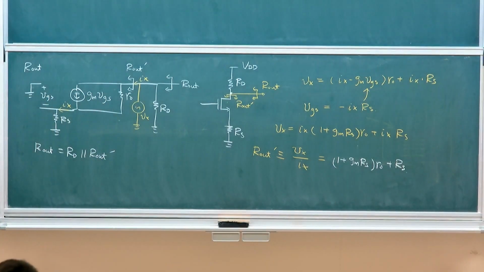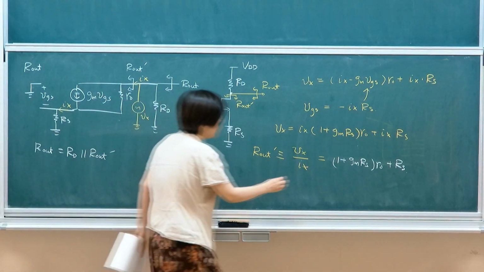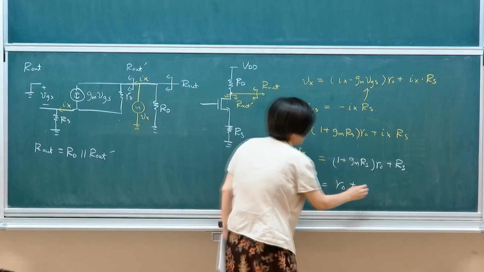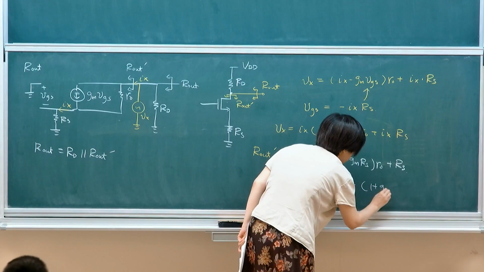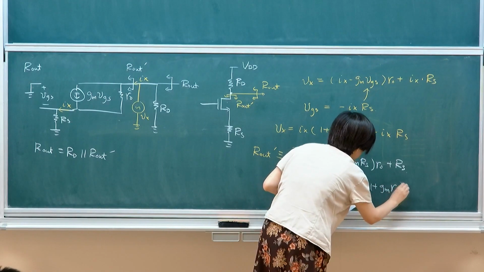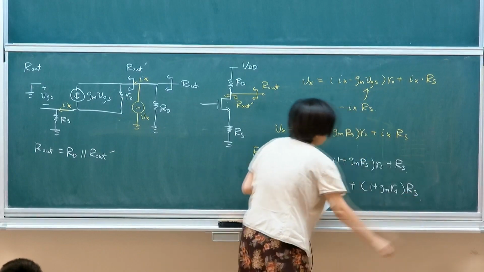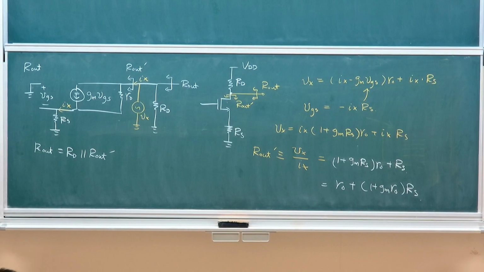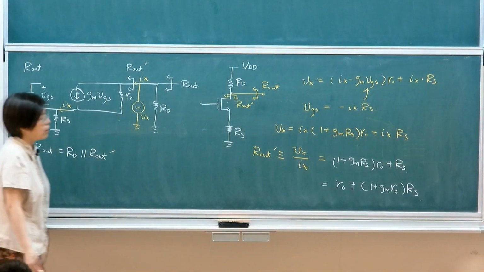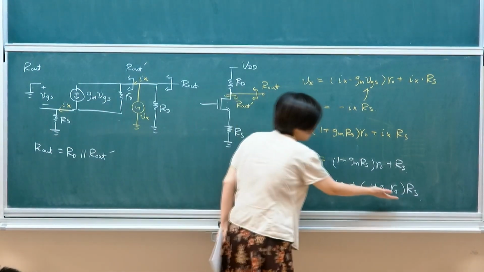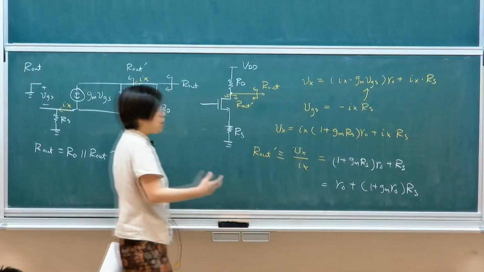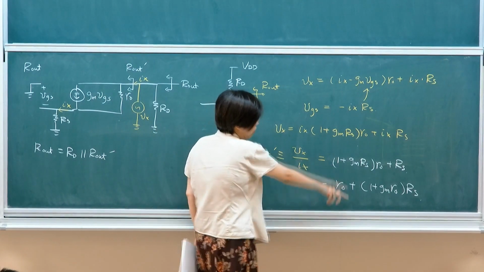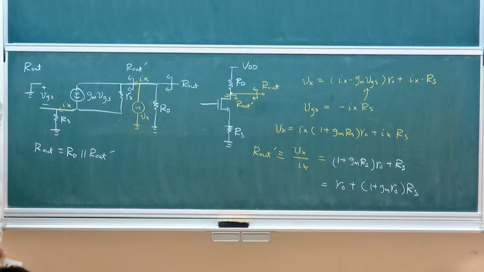Okay? So you can rearrange it so that it looks differently. So you can have RO (1 plus GM Rs). Depending on whether you want to express it in terms of Rs, the manipulation or amplification factor it has, or you want to rearrange it this way, either way is the same.